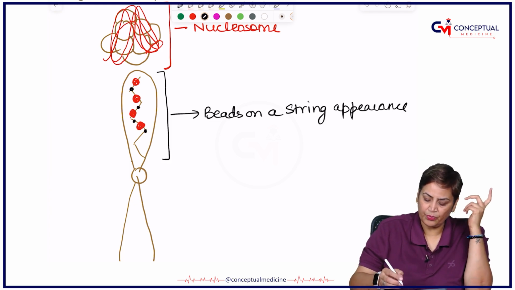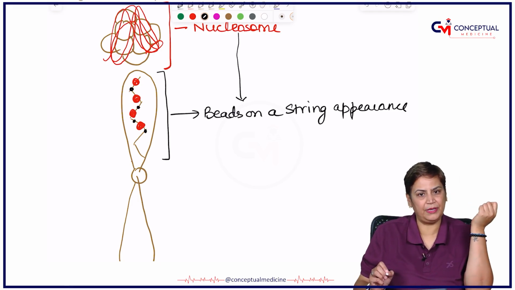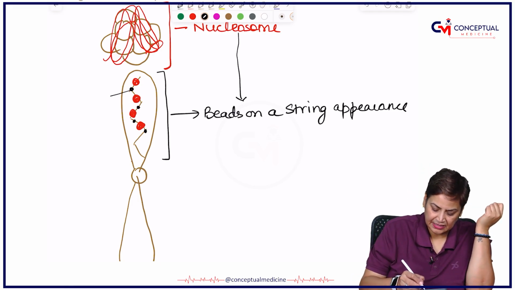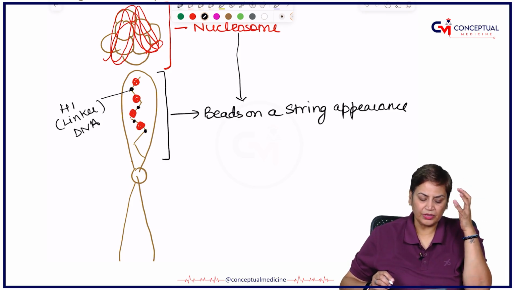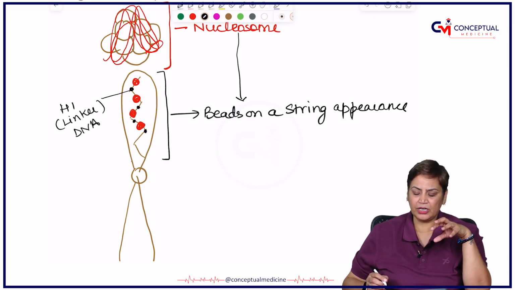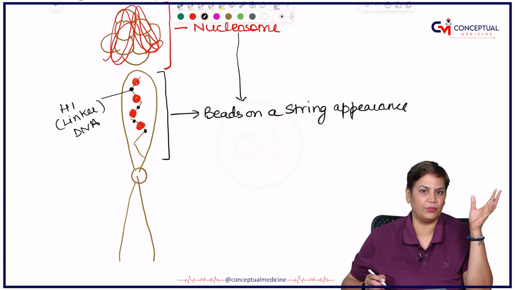Very important. So basically the nucleosomes are present in the form of beads, and this is H1 or the linker DNA. So these histones play a very important role. Whenever DNA has to perform some function, it will be released from histones.